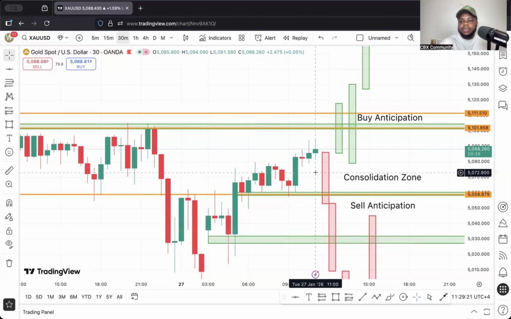The candle is left with 37 seconds to close. Let's see what the candle wants to do.